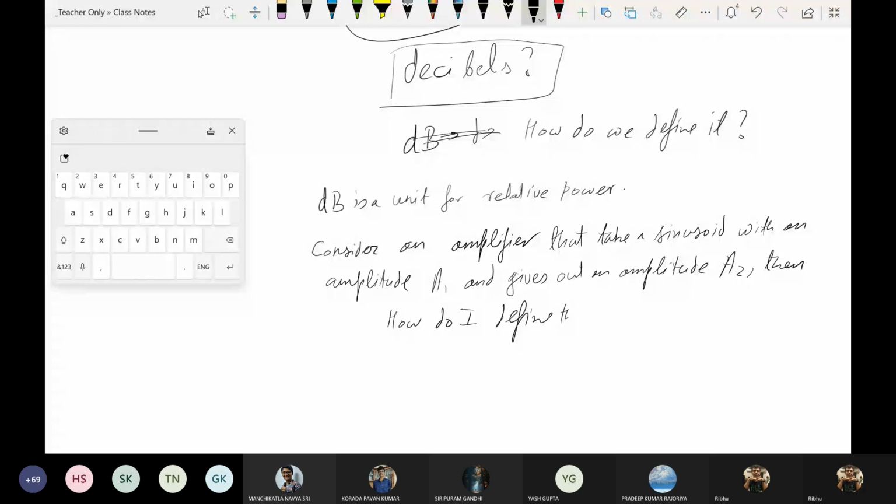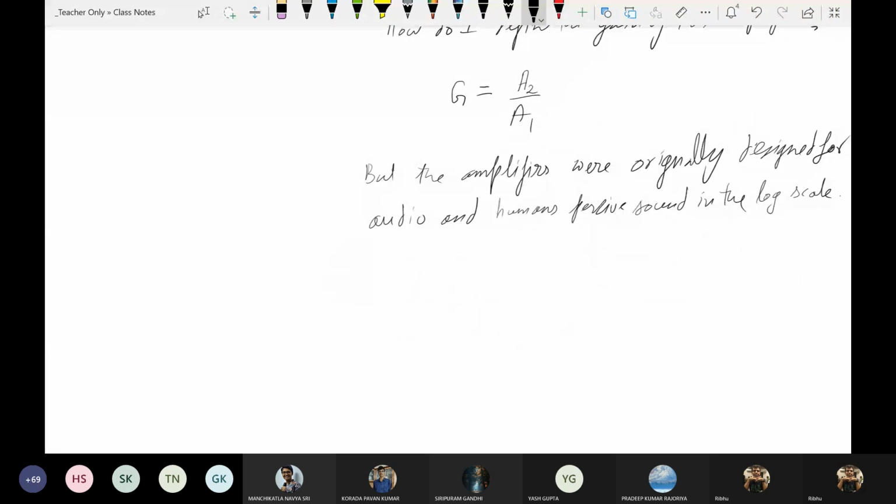Did you know that humans perceive sound in the log scale? If you move from 100 to 200 and from 10 to 20, the difference in human perception will be the same.